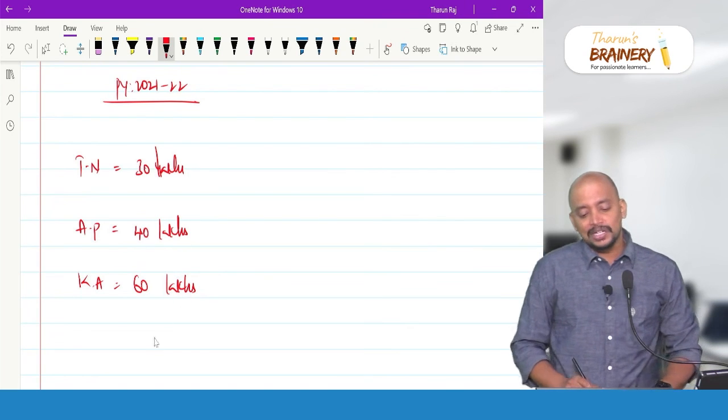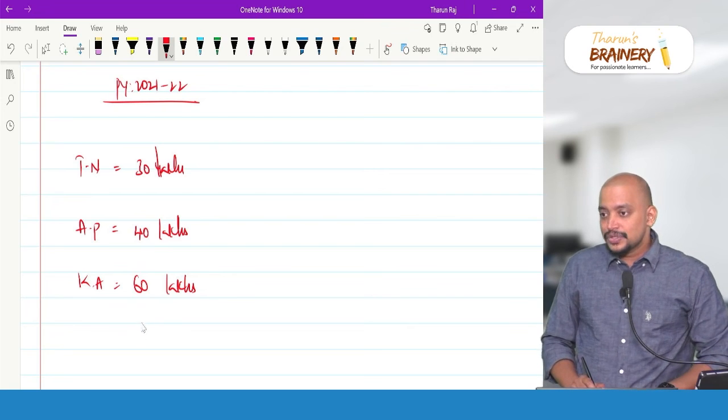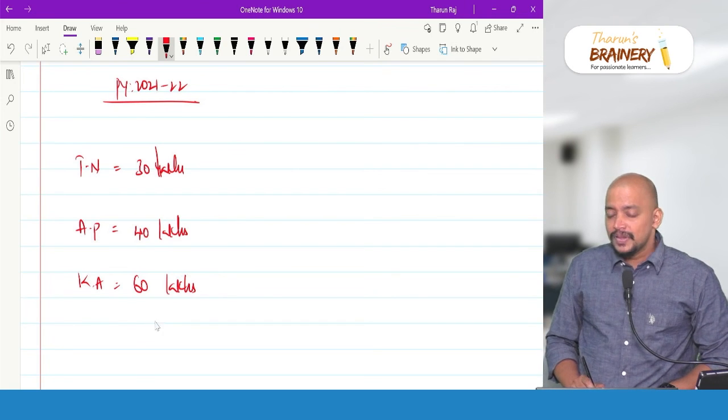Okay, so total turnover is 130 lakhs. So it does not exceed 150 lakhs.